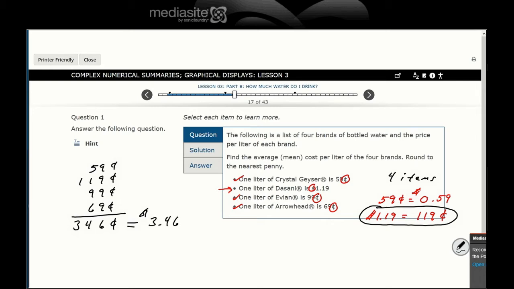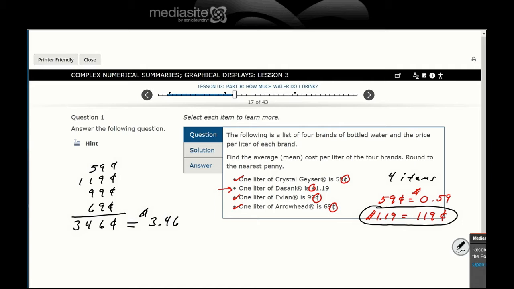Does that make sense? Let's see, that's almost 1, so you got roughly 2 dollars here. Yeah, that makes sense. Okay, so 346, that's around the nearest penny.